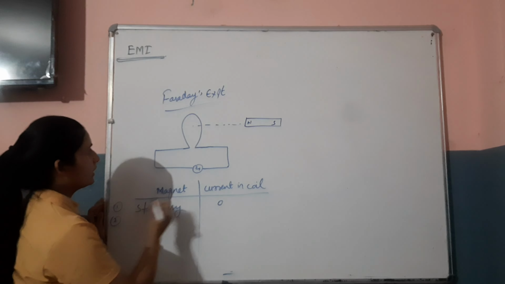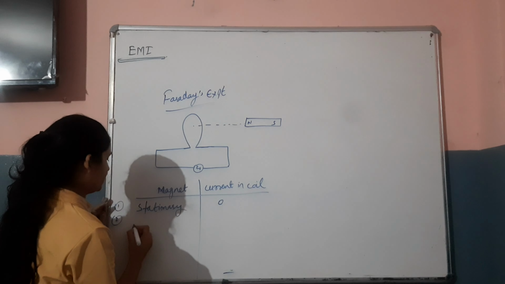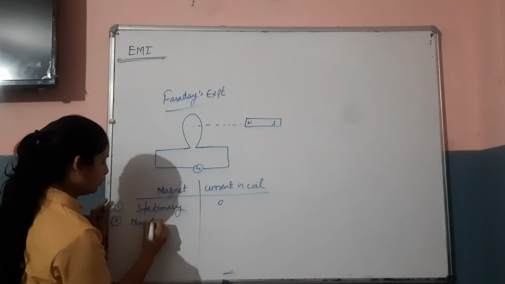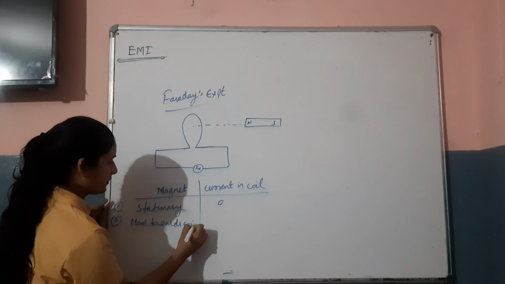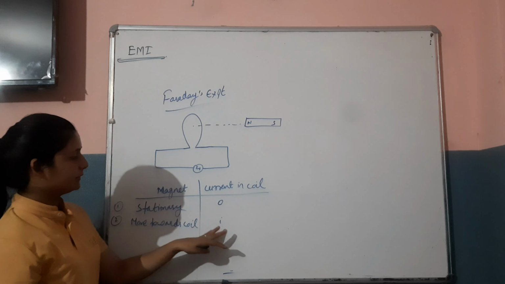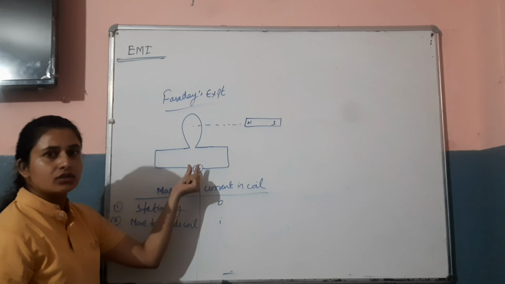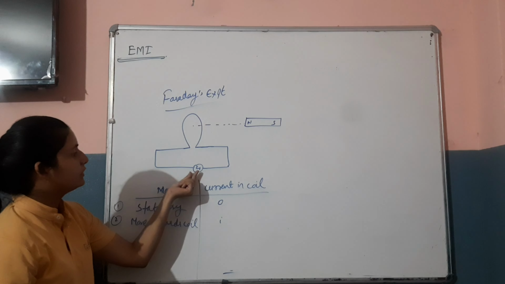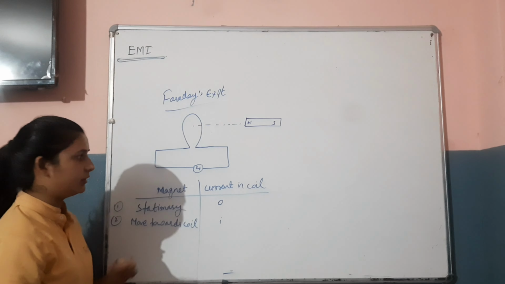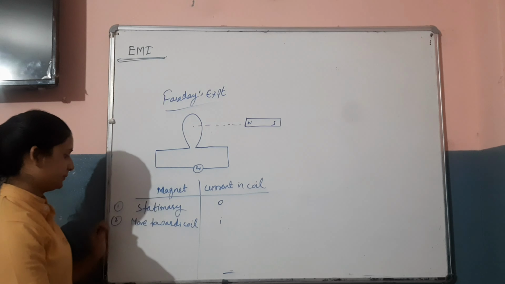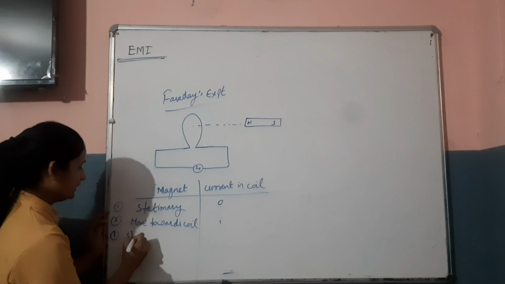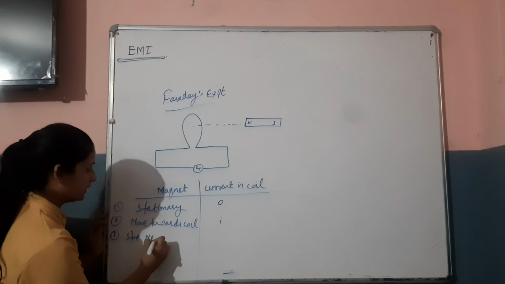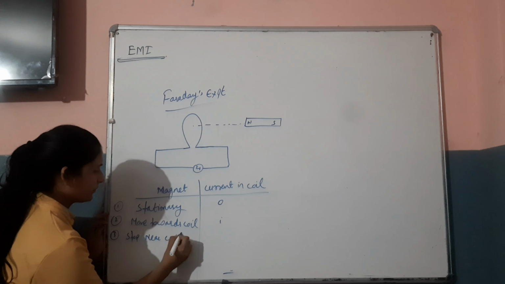And when this magnet is moved towards the coil, then there is production of current, which is observed through this galvanometer. Galvanometer shows deflection there. And in the third step, stop the magnet near the coil.